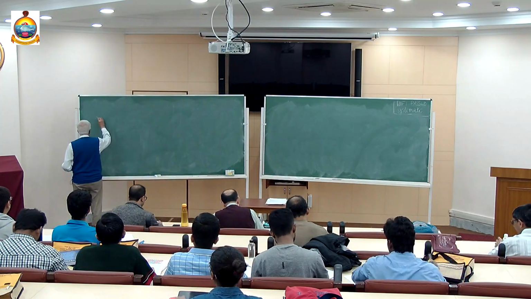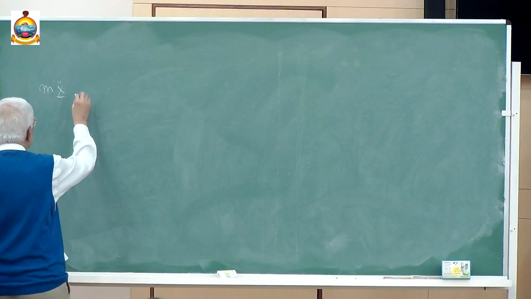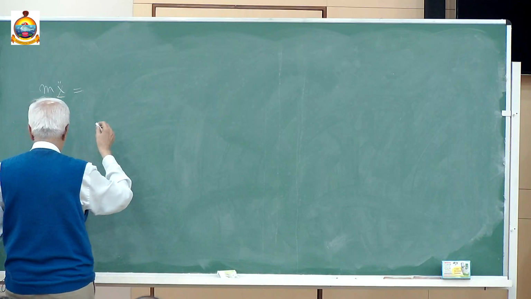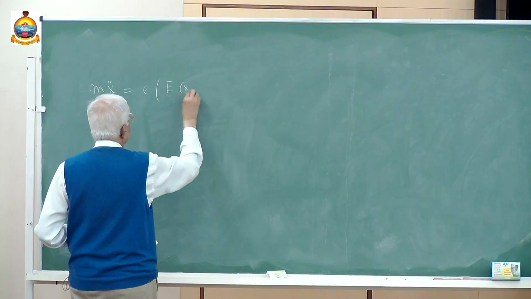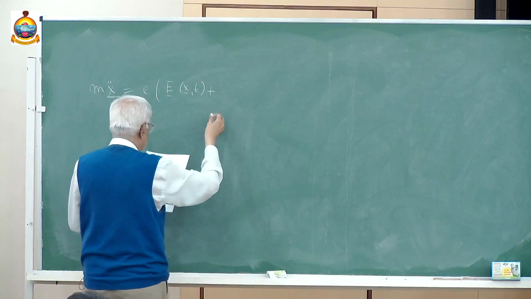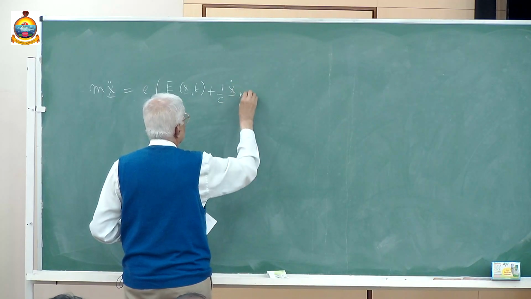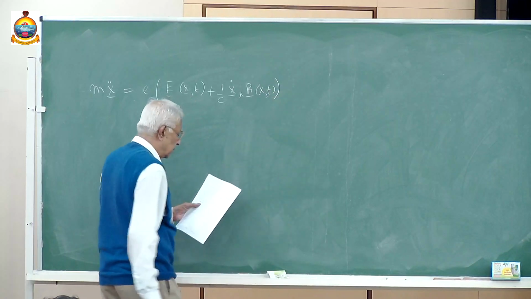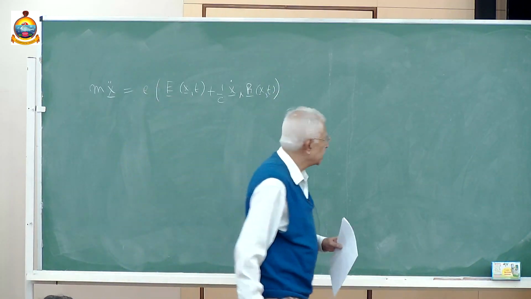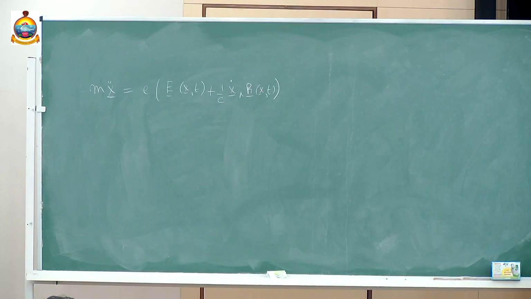And you know, since I assume that the particle is non-relativistic, this is the left hand side of the equation of motion, and on the right hand side is the force acting on the particle at the point x at time t. E is the electric field and B is the magnetic field, and these are given.